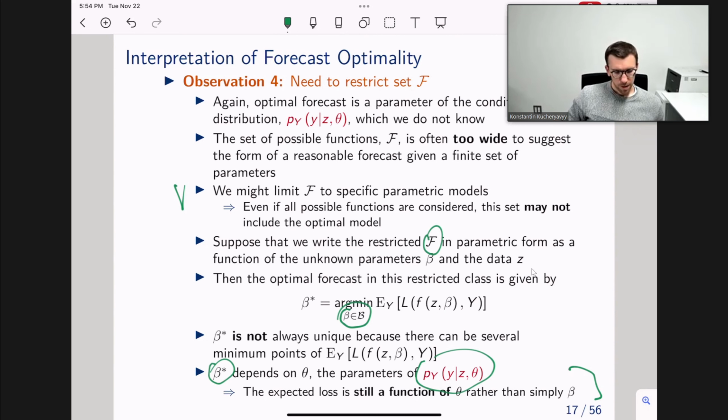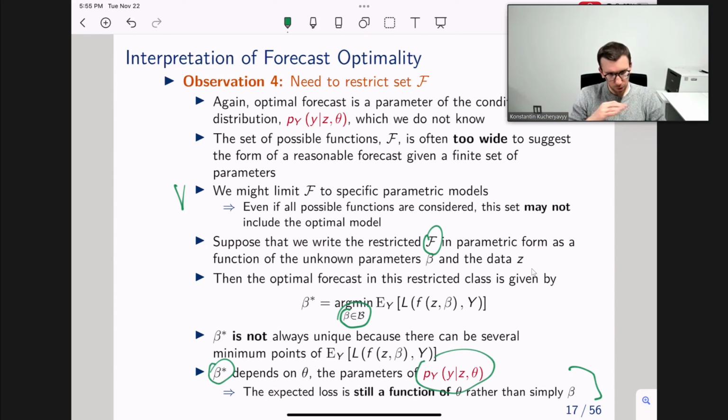Hopefully that makes you realize that when we talk about optimal forecast, it's a very tricky thing. There might be no unique optimal forecast. What you're arriving at perhaps is not the optimal forecast, but some statistically good forecast.